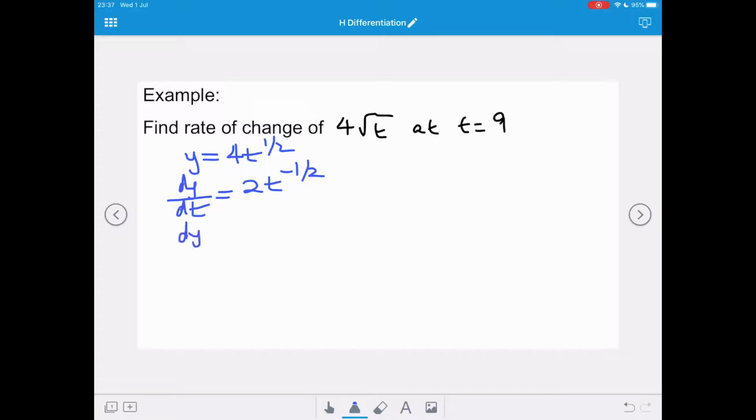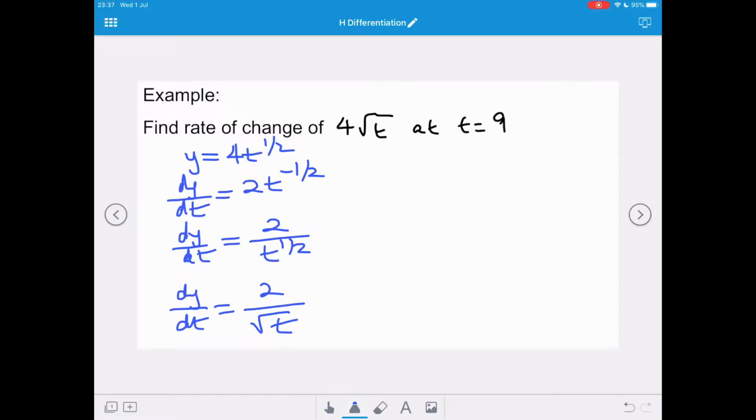And we're going to rewrite this with a positive index. So the derivative of y with respect to t equals 2 over t to the power of a half. And then we're going to rewrite that as a root. So it's 2 over the square root of t. And now we need to substitute in our value of t, which is 9.